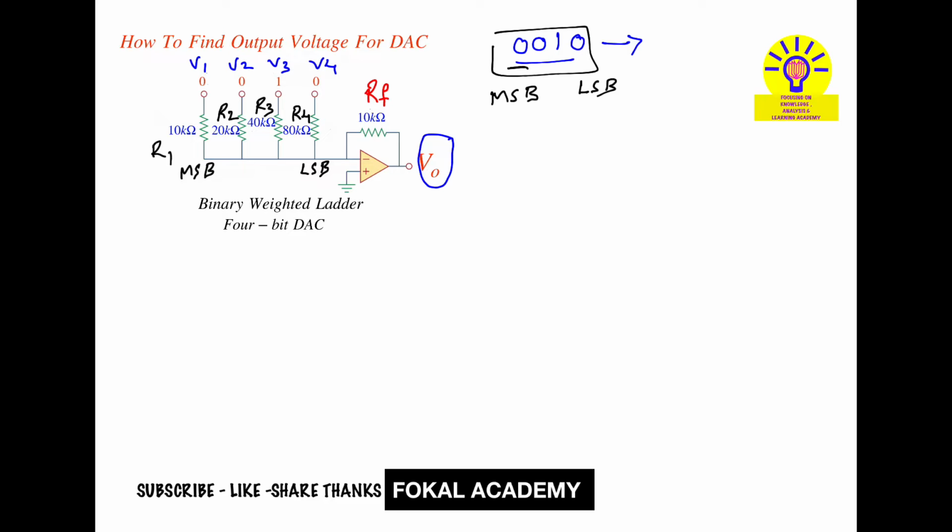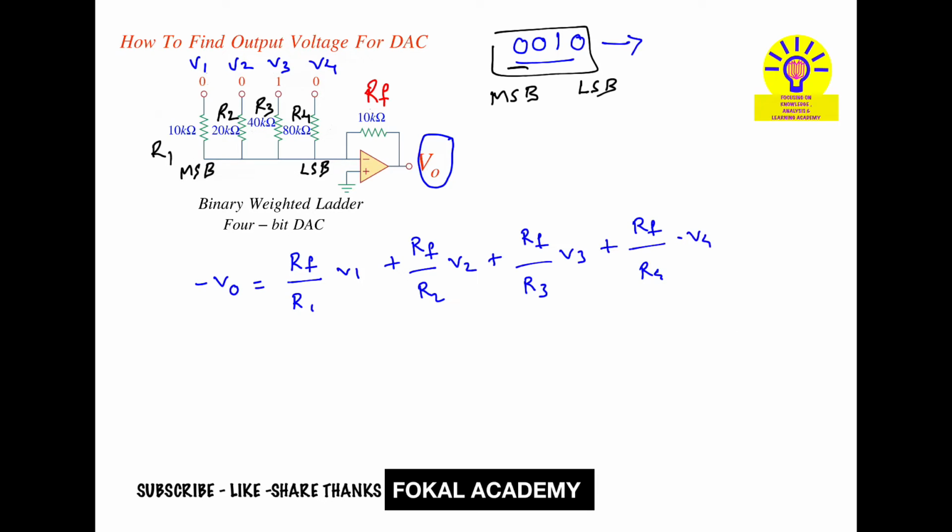So whenever problems like this are given, we have standard relations for the input and output. For a binary weighted ladder, the standard relation is minus V0 equals RF by R1 into V1 plus RF by R2 into V2 plus RF by R3 into V3 plus RF by R4 into V4 plus so on.